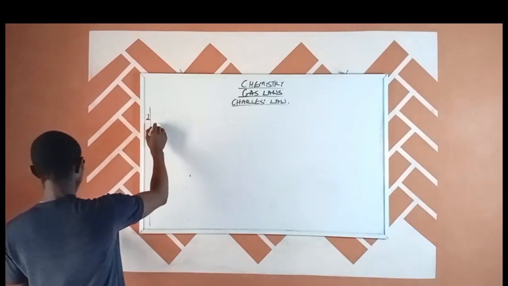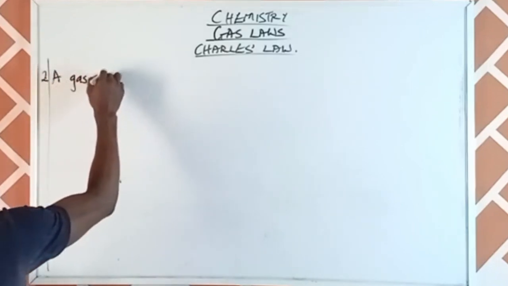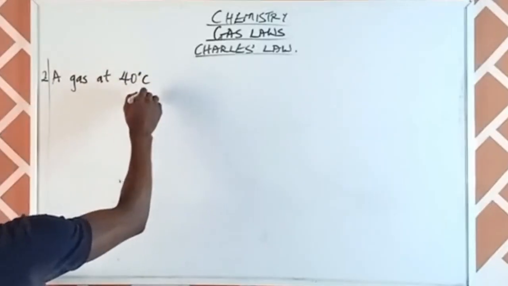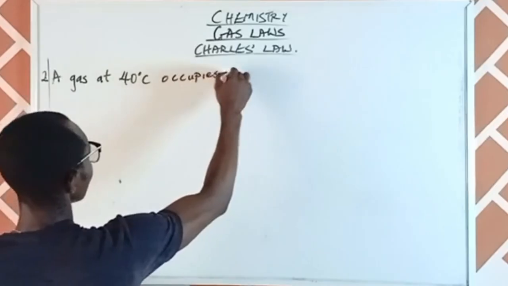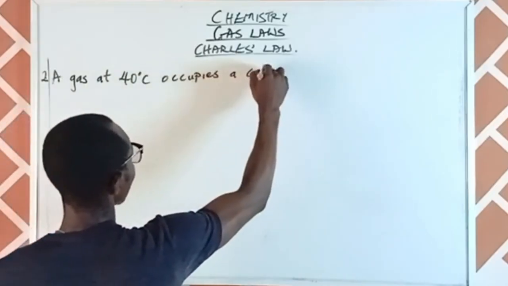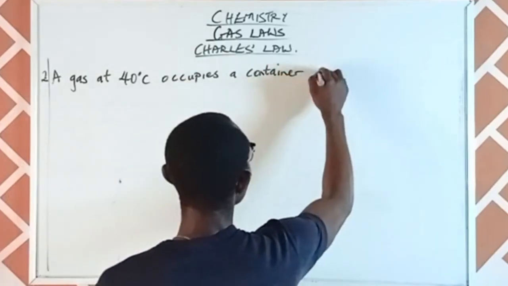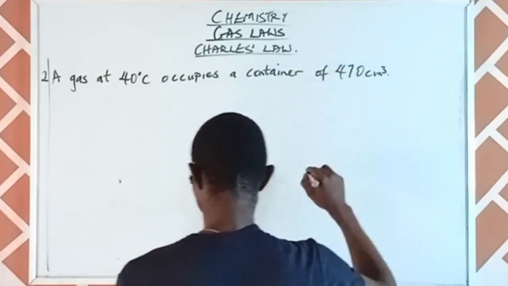Alright, example 2 now says a gas at 40 degrees Celsius occupies a container of 470 centimeter cube.